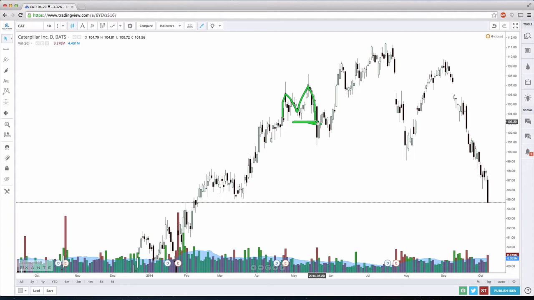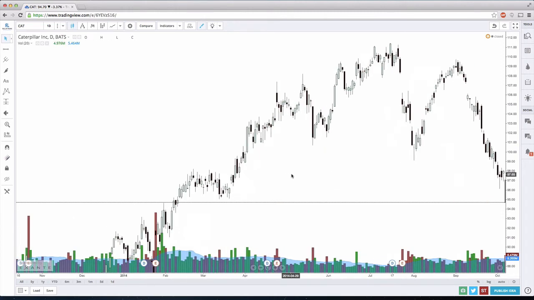But your risk to reward would not have been that great. Your stop would have probably been right about here somewhere. And to make that a really good risk reward ratio, you would have had to trade maybe down to here to get a 1 to 2. So had you taken that trade, I could appreciate that. I could understand that. But here was a really, really good indication of when to get out.